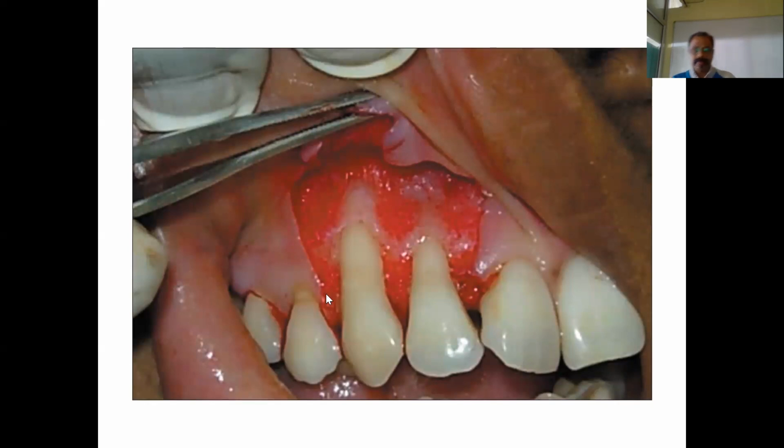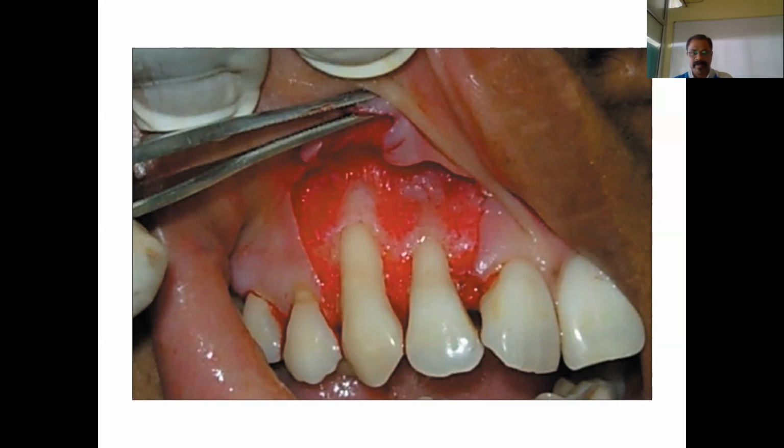We have given vertical releasing incisions and raised a partial thickness flap wherein the periosteum is still intact. This flap only consists of epithelium and a thin layer of connective tissue. It is used in mucogingival surgical procedures like this, where we are trying to coronally advance this flap to cover this root recession.